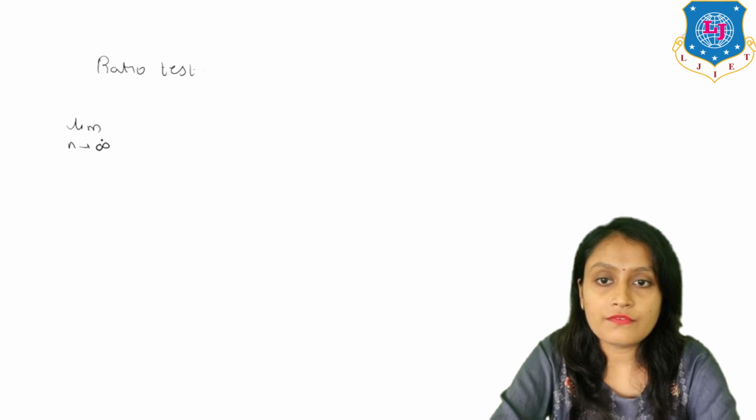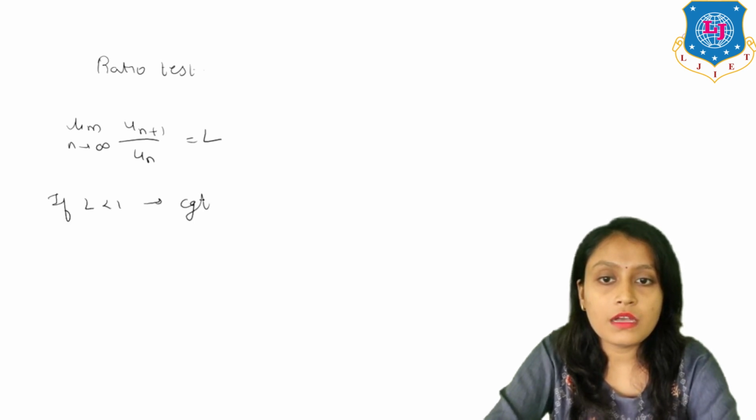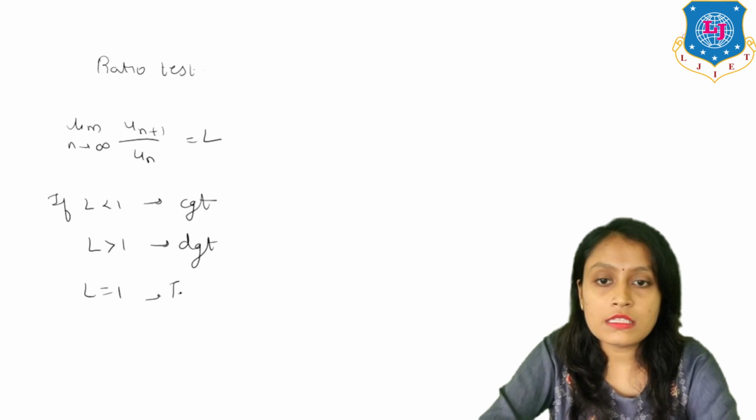Clear? So in today's session, firstly we studied the ratio test. Here we find the limit as n tends to infinity of un plus 1 upon un, and the answer is L. If L is less than 1, the series is convergent. If L is greater than 1, the series is divergent, and for L equal to 1 the test fails. If the test fails, we apply Raabe's test.